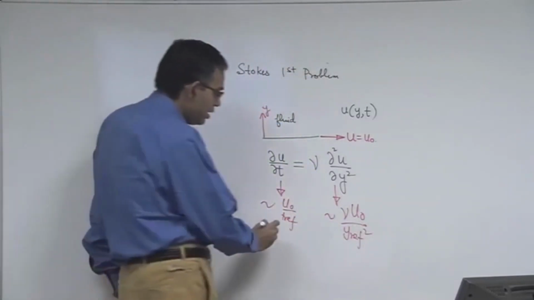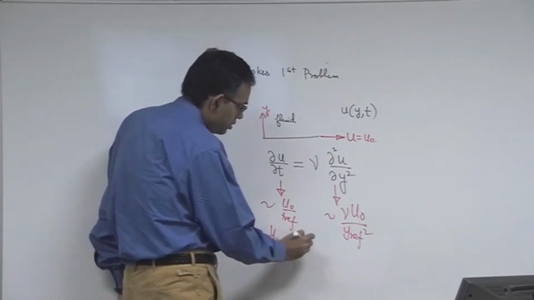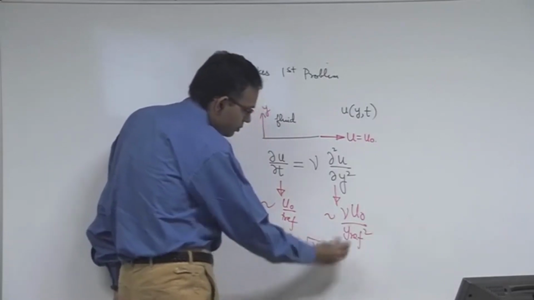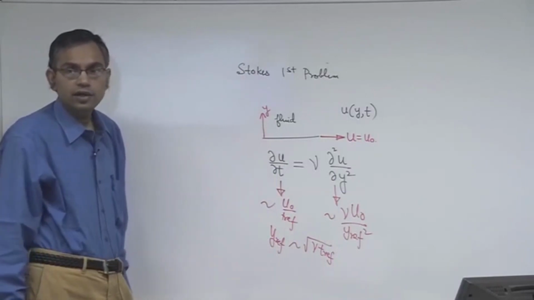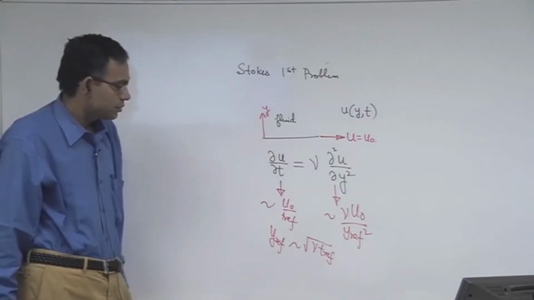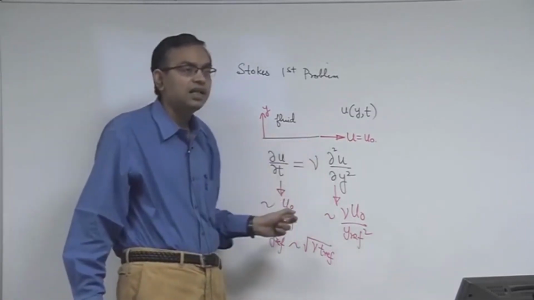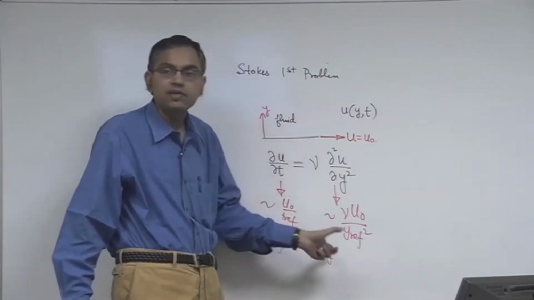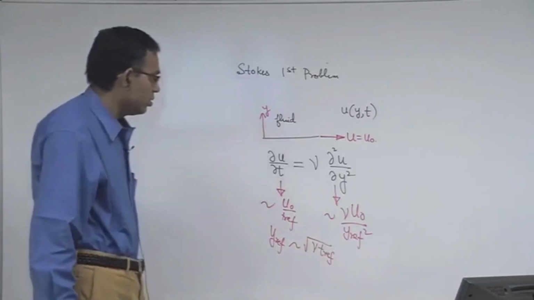So, y reference scales with the square root of nu T reference. That means, although there is no natural length scale in this problem, the length scale is eventually decided by the kinematic viscosity and the time scale.